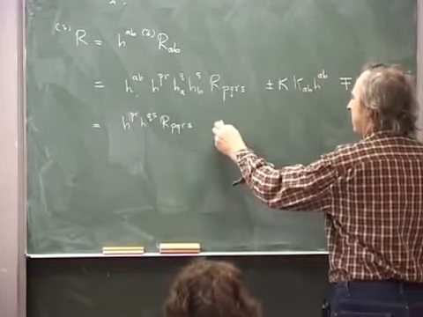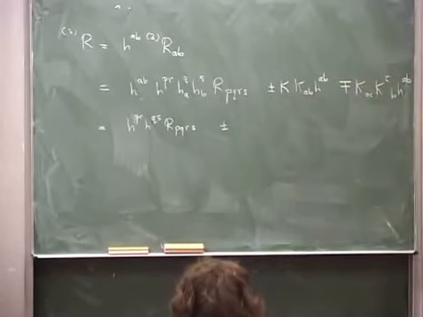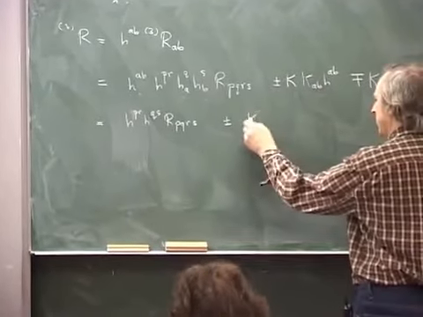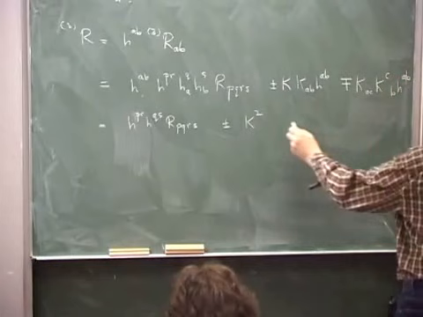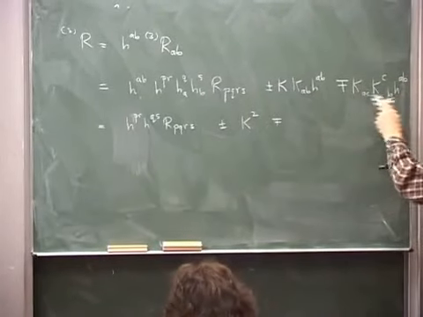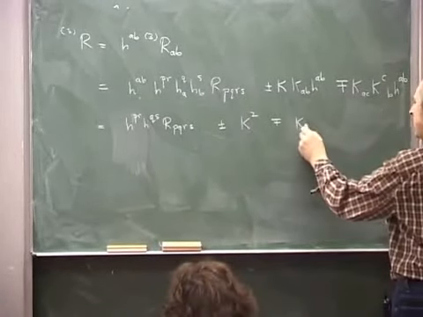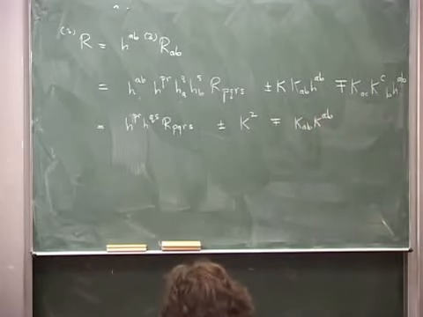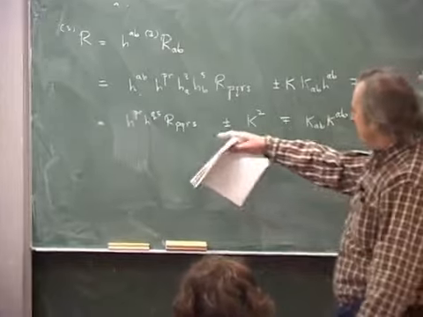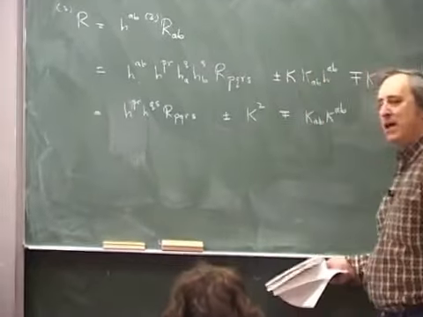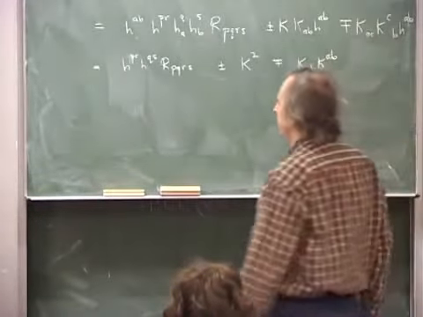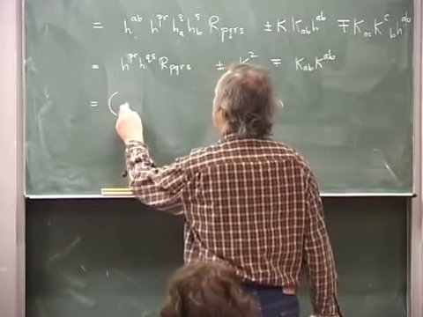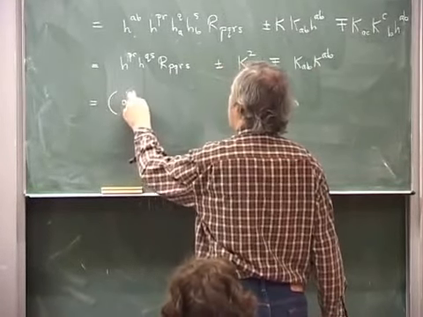Then from here we get plus or minus what gives you trace K squared, and this is minus or plus, well, just rearrange it, K_AB K^AB. At first sight this looks bad, but now you can replace h by g minus or plus nn, and you'll see that it becomes nice.